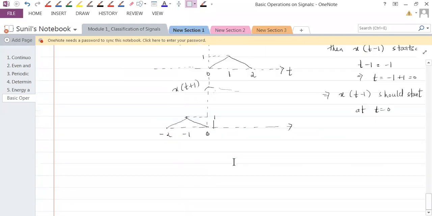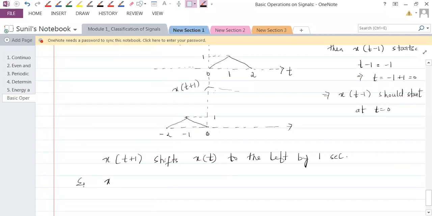Understand? So let's summarize this. X of t plus 1 shifts x of t to the left by 1 second, because it is t, right? So it is 1 second.